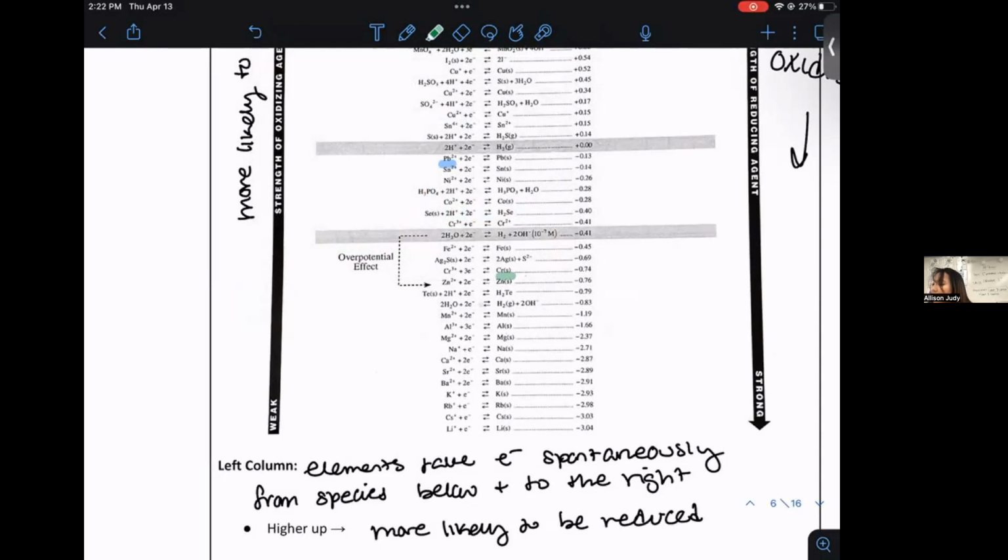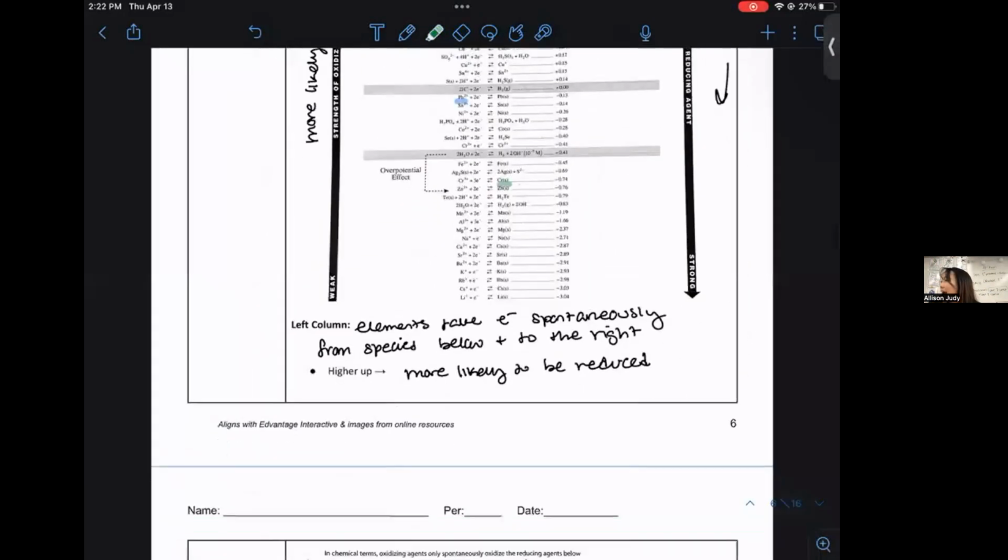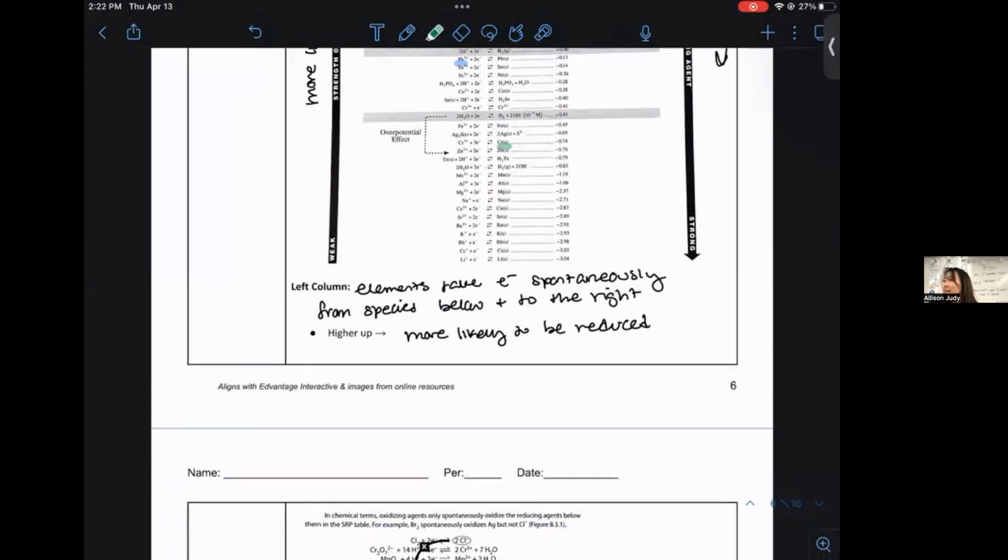If I were to partner lead 2 plus and chromium solid, lead 2 plus would undergo reduction. Chromium solid, going in the oxidation direction, would be oxidized, and that would be totally according to the universe's preferences. Okay? It'd be spontaneous. It would just happen, that natural flow of electrons in that direction between those two species.